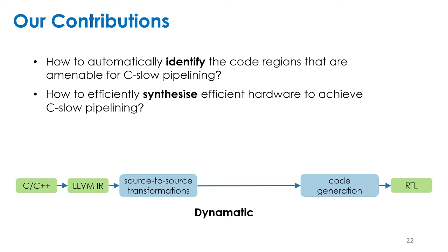We use an open source HLS tool named Dynamatic for prototyping because Dynamatic generates data flow circuits that have similar architecture as the pipelined hardware shown before. We add an analysis plugin in the front end for analysis and an optimizer in the back end for hardware transformation.